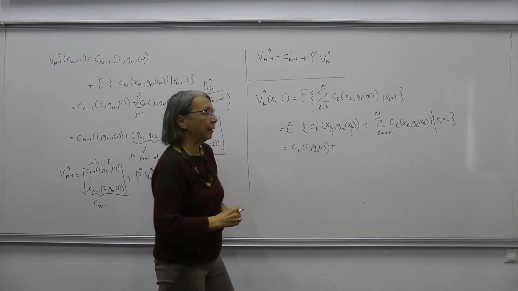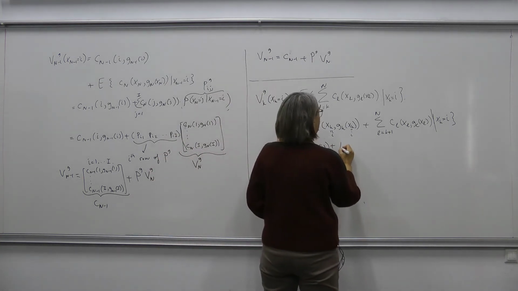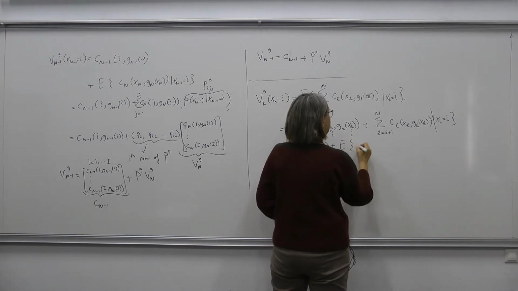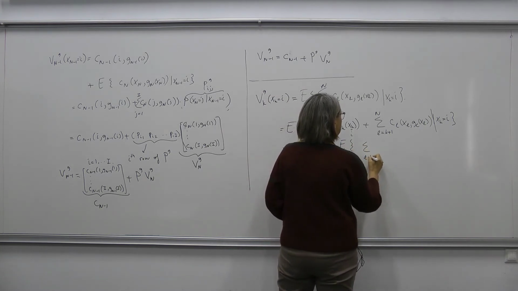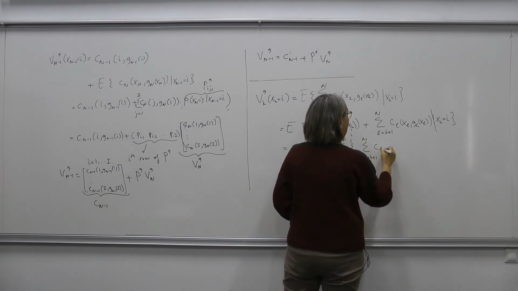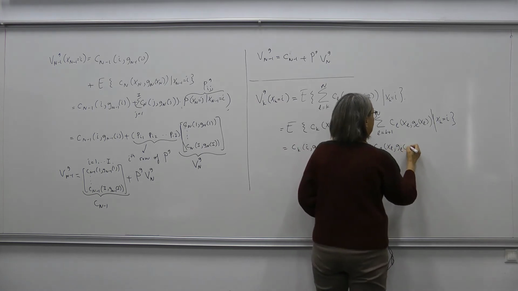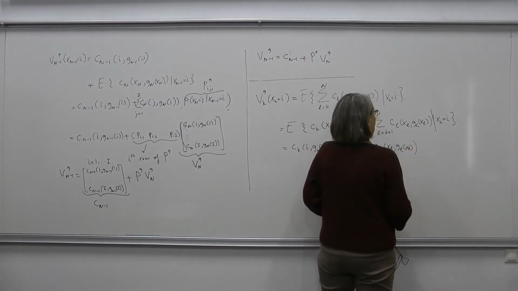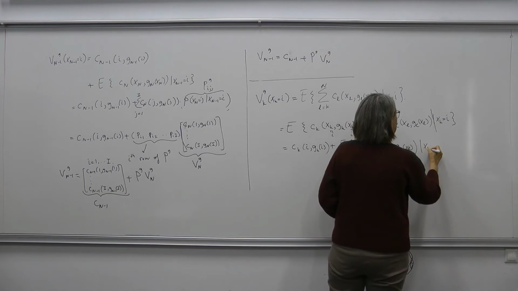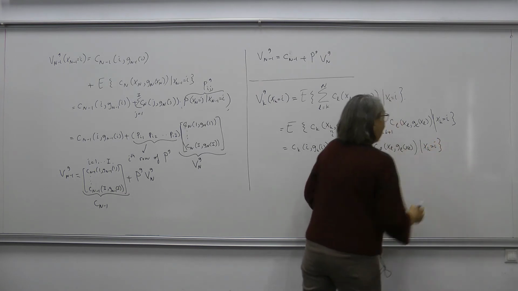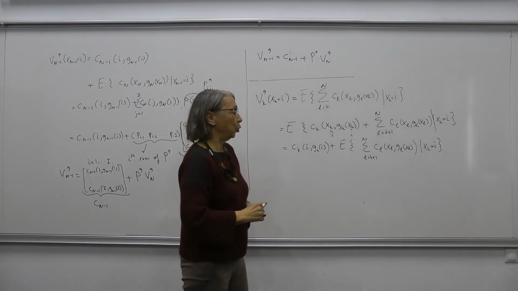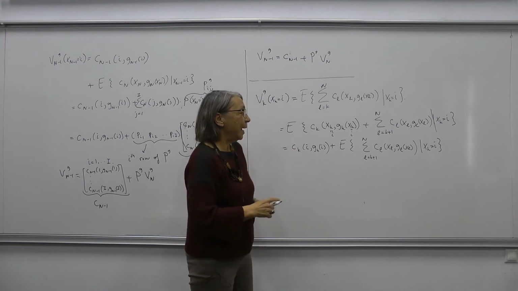now we are interested in the second term, and the second term is the expected value of that sum L starting from k plus 1 to n of C sub L of x_L, g_L of x_L, given that x_k is equal to I. I would like to write the second term as a function of V_{k+1}.